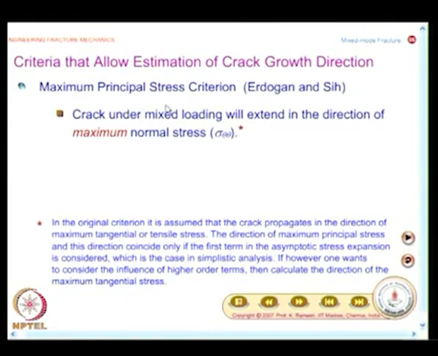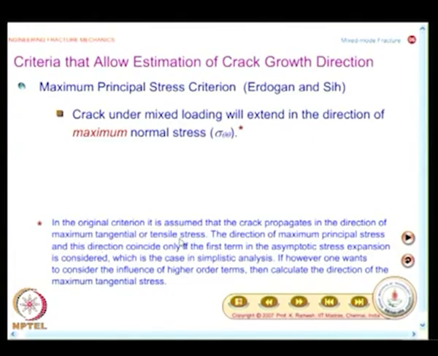One of the theories is advanced by Erdogan and Sih. It is listed as maximum principal stress criterion, but if you really look at the original criterion, it is assumed that the crack propagates in the direction of maximum tangential or tensile stress.